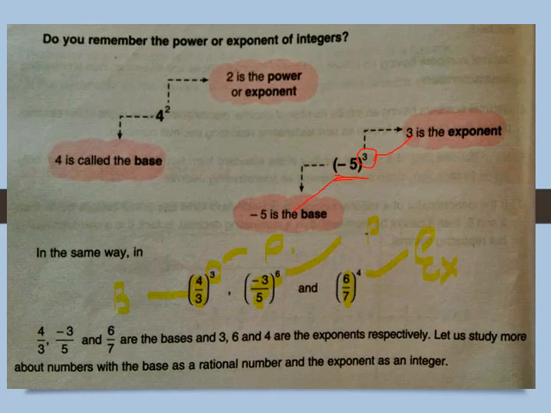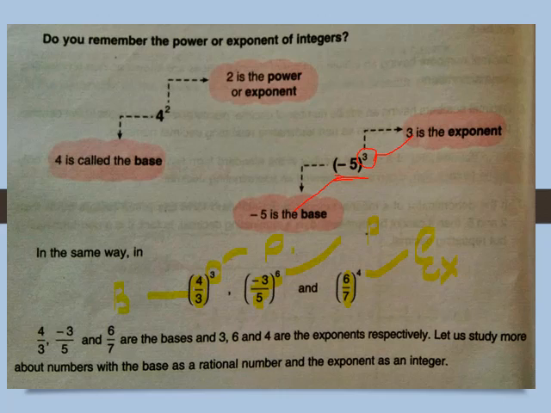So here, 4 upon 3 is the base and this is the power of the number. In the second example also, minus 3 upon 5 is the base and 6 is the power. 6 is the power of the number.